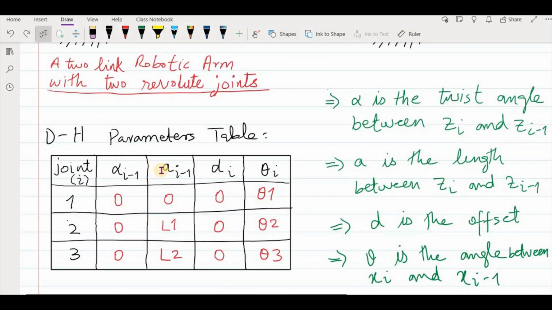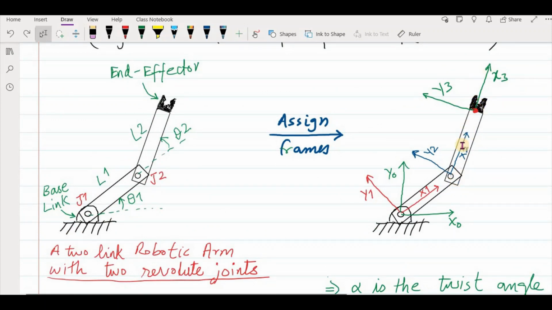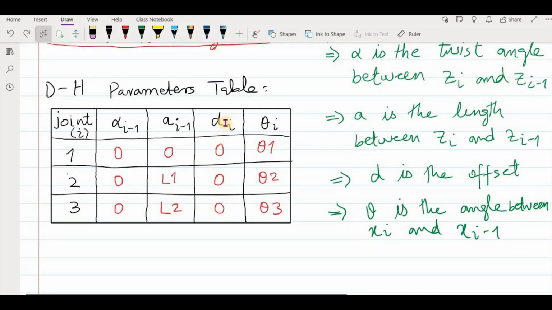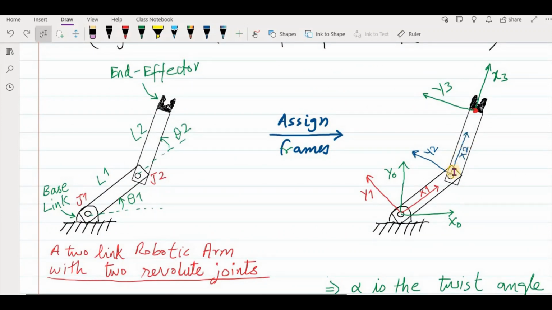And then we have the link length, which is the distance between the z-axes of the two frames. So this distance is L2 here. Okay, so we put here the value L2, and again the offset D is 0, because these two points are on the same plane, the same height along the z-axis.